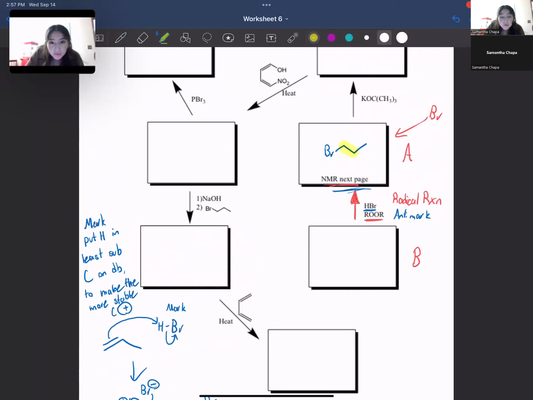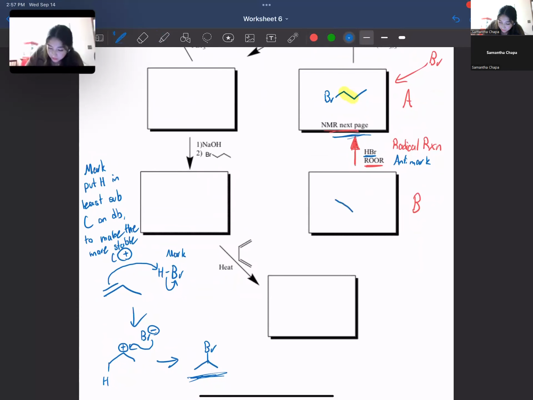So what I'm going to do is write the product for B. Pretty much the same thing. But this time, because of the anti-Mark rule, I'm actually not going to show you the mechanism for this one, because it follows initiation, propagation, termination. That would be a lot, but just go over that in review.